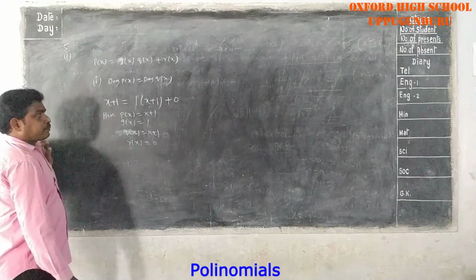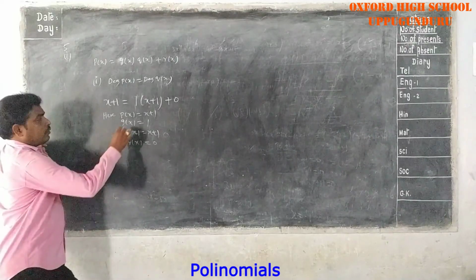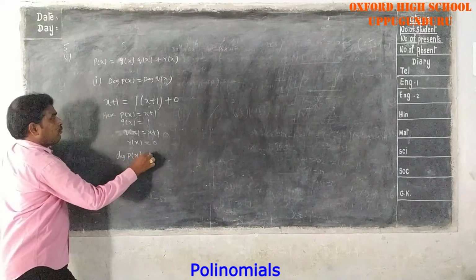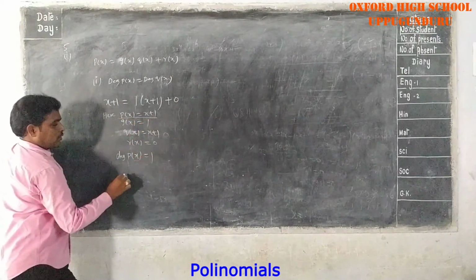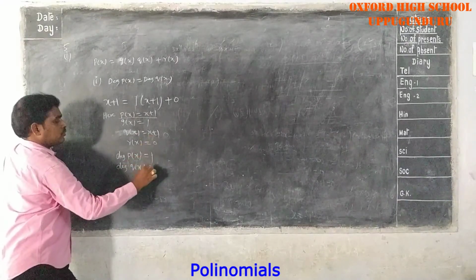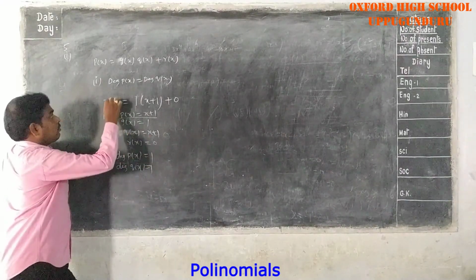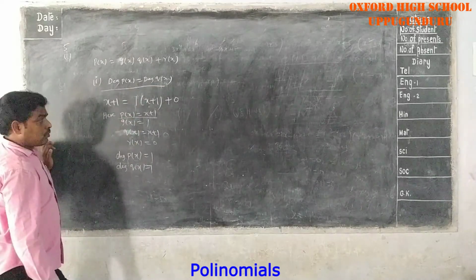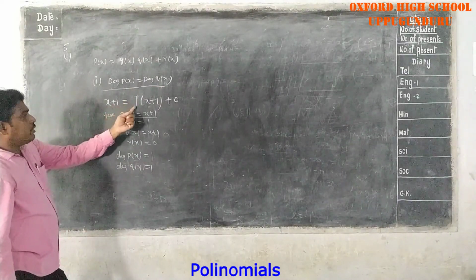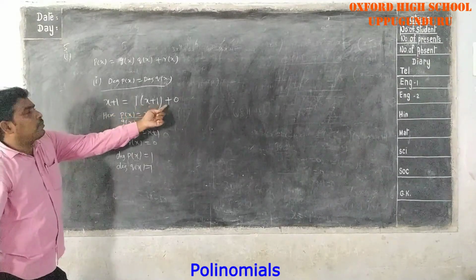So, degree of p of x. What is degree of p of x? 1. What is degree of q of x? This also 1. We are satisfying this condition. First we are satisfying the division algorithm: dividend equal to divisor into quotient plus remainder.